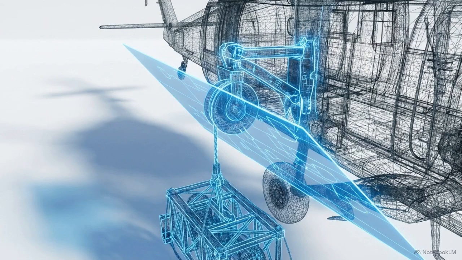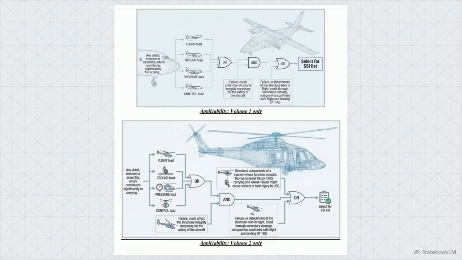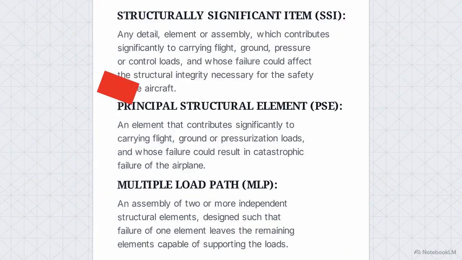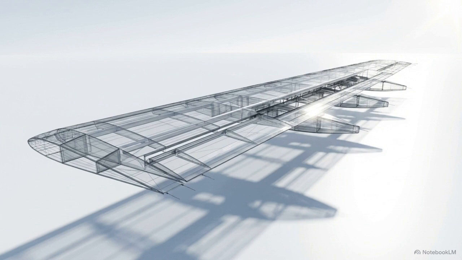Similarly, human external cargo structural safety is now a primary logic requirement for all rotorcraft. These visual logic maps unify the analysis of fixed-wing and rotary-wing aircraft while respecting their unique aerodynamic risks. SSI identification has moved beyond a set of definitions. It is now a standardized, auditable procedure that ensures consistent structural integrity across the global aviation industry.